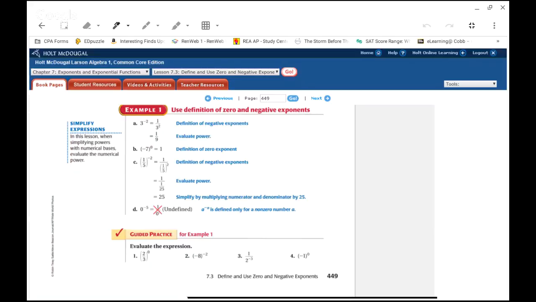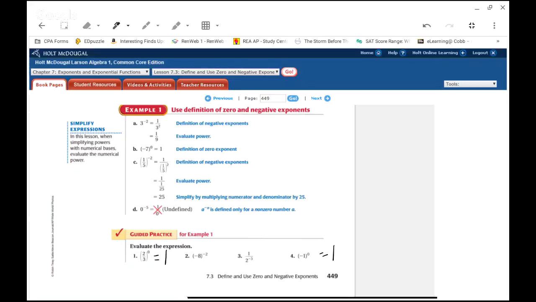Wait, is number 2 a fraction 1 over 64? Good job. Indeed, it is. So that negative, good job, Grayson. You're all over it. The negative number in the exponent just simply changes the position of where the number is.